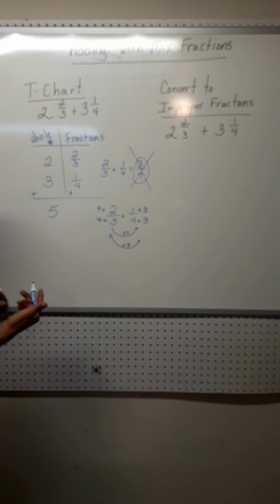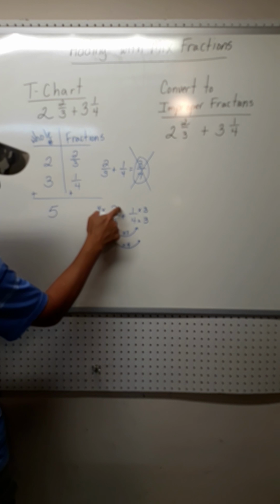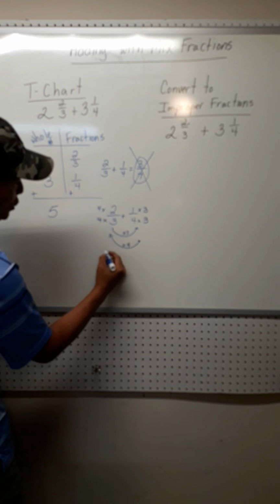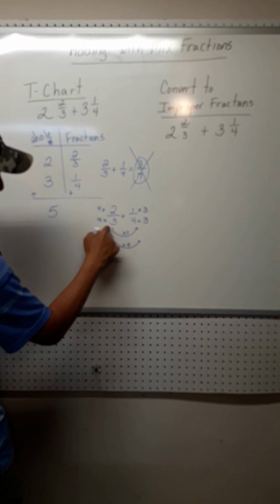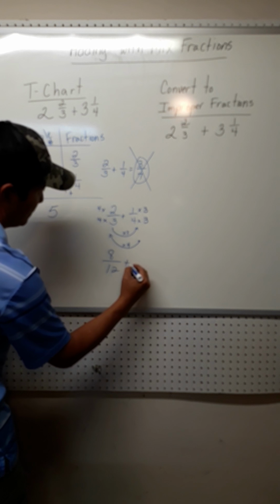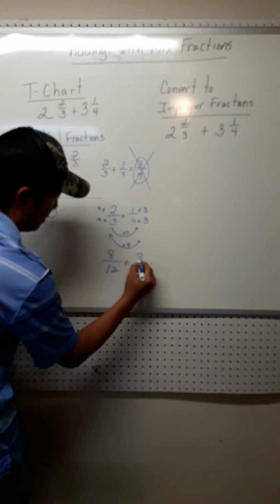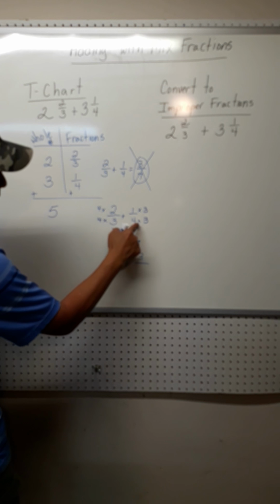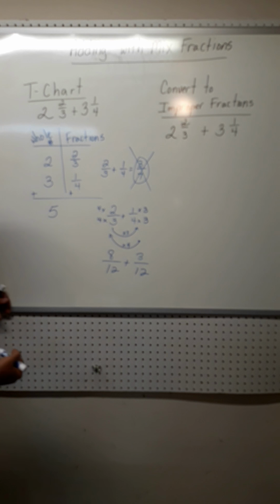When you do that, now you get 4 times the 2, which is 8, over 4 times 3, which is 12, plus 1 times the 3, which is 3, over 4 times 3, which is 12. And what do you notice?